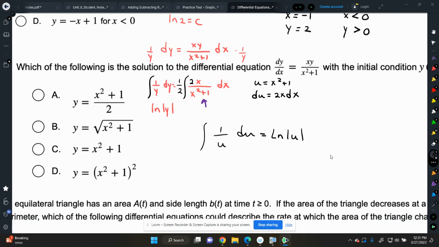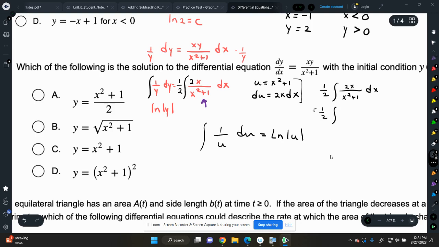So now I have 1/2 integral of 2x over x squared plus 1 dx. Based on this information, I can rewrite that as 1/2 integral 1 over u du.